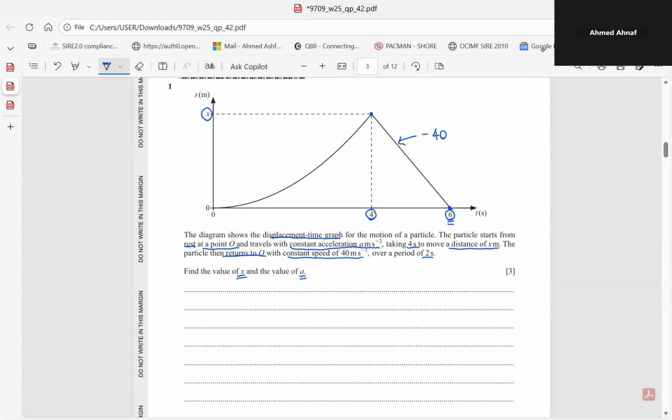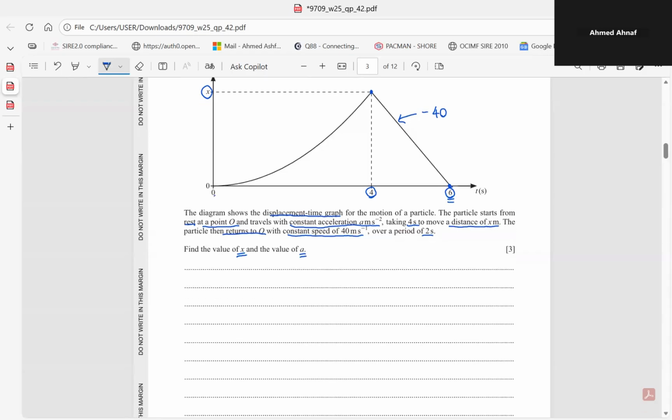Okay, so to do this, let's start by finding the value of s. We know that from here to here, it goes from point O to x, right? So we can use the suvat formulas.